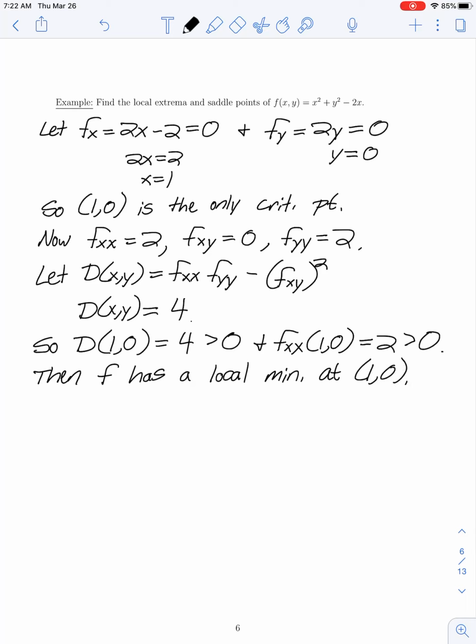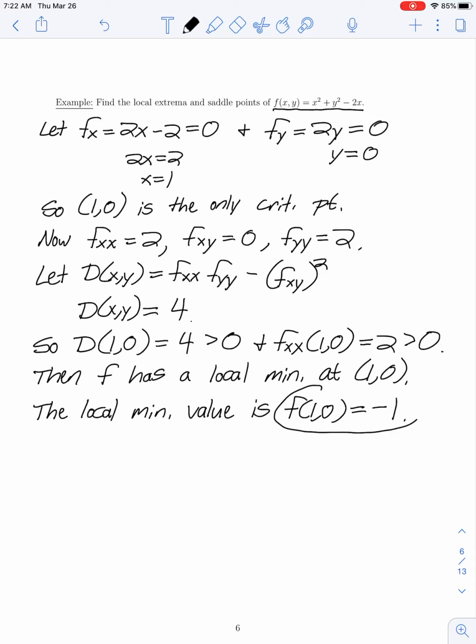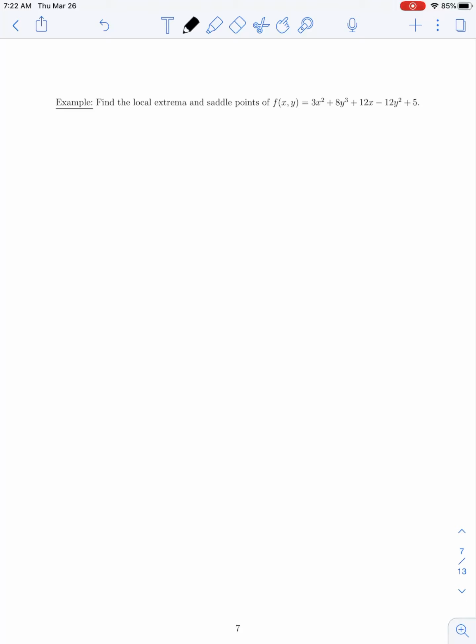And to find the local minimum value, we need to evaluate our function at this point. So here we could say the local minimum value is f of (1, 0). So plugging (1, 0) back into this original function, we're left with negative 1. So here we have a local minimum. There are no saddle points for this function.